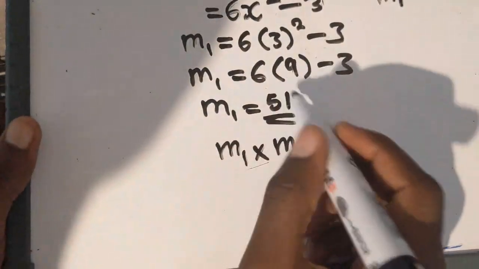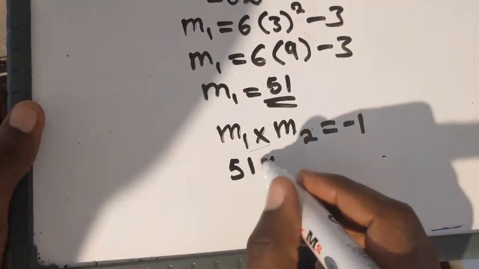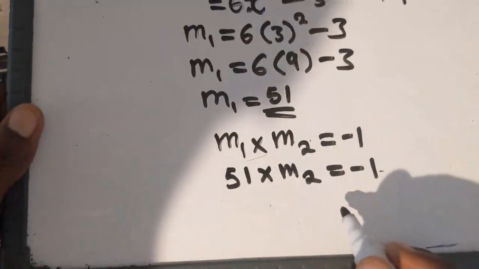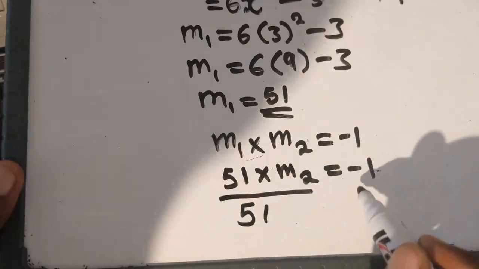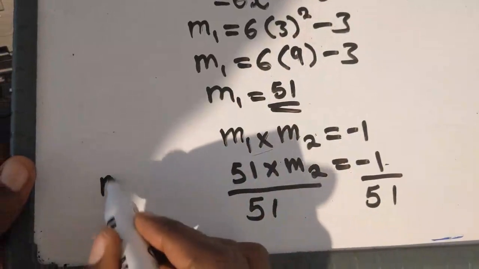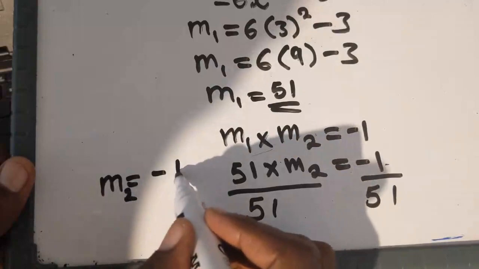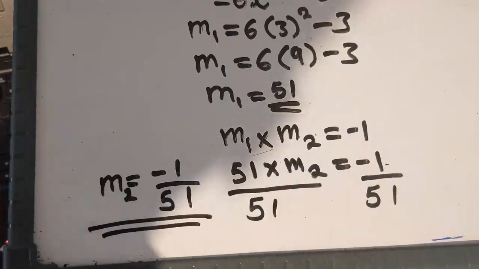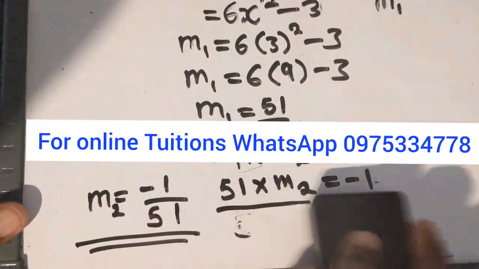So m1 is 51, times m2 is equal to -1. So you just have to divide both sides by 51, okay? So m2 is equal to -1 over 51. So this is the gradient that you're supposed to use, m2.